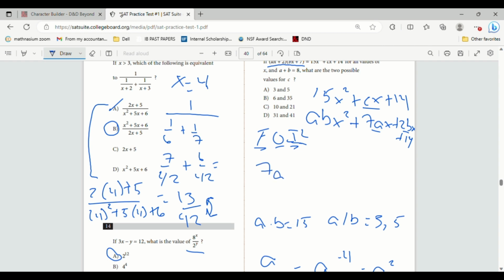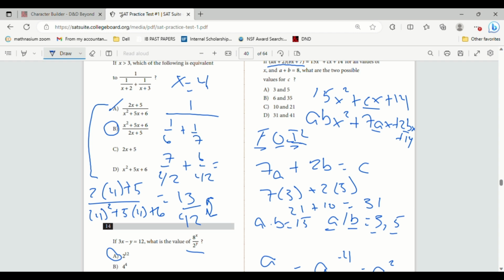So 7a plus 2b equals c. We can disregard the x because x is in all the terms. So plugging in, for example, 3 as a and b is 5: 7 times 3 plus 2 times 5 is 21 plus 10, which equals 31.